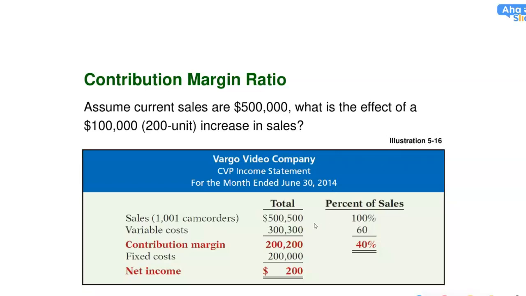Therefore, in CVP analysis, sales is always 100%. What's the variable cost ratio? Variable cost, which is 300 per unit, as a percentage of sales, 500, it'll be 60%. And the variable cost ratio always remains the same, unless you change the selling price or the variable cost.